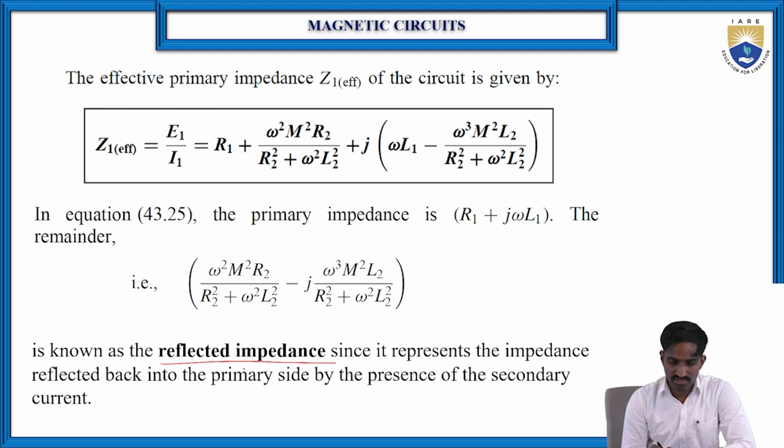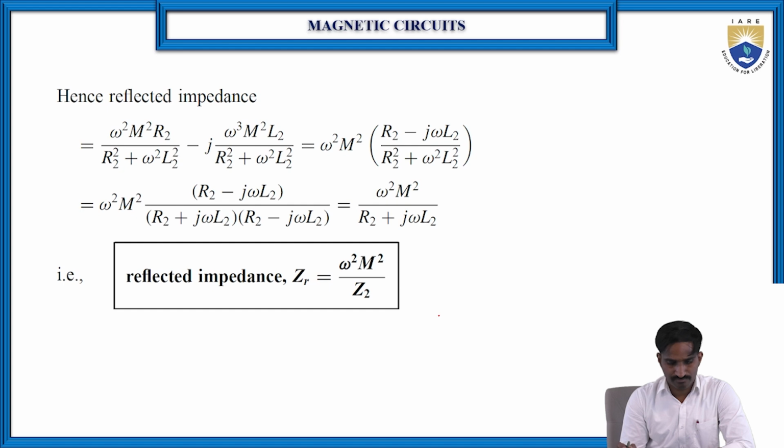That is why this is called the reflected impedance. If you simplify the reflected impedance further, we can write the reflected impedance ZR is equal to omega square M square by Z2.